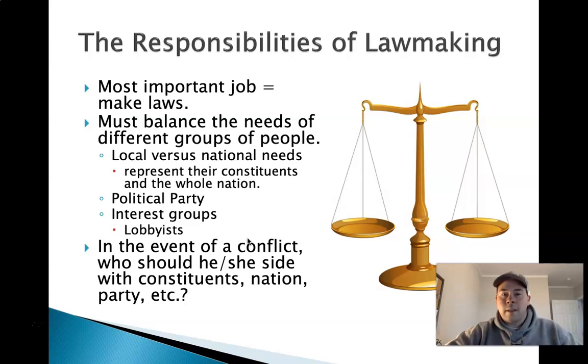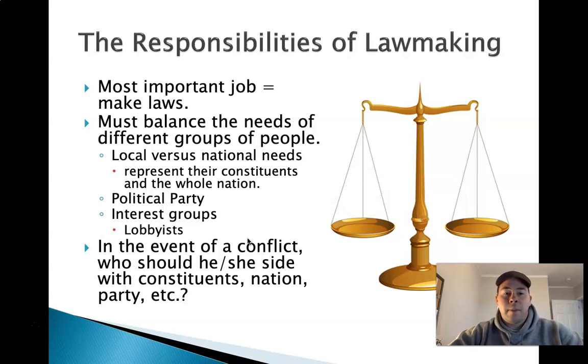So they do have to give and take some from their political party. Sometimes they don't always support everything that their political party needs them to. But if it becomes a major issue, their political party expects them to go with them. That way they can come together and have the majority that they need to pass legislation.